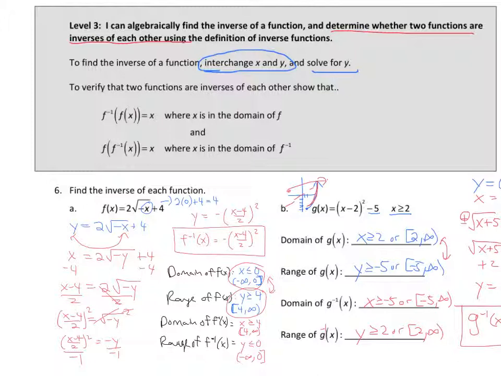And if two functions are the inverse of each other, we have to show that f inverse of f of x equals x and f of f inverse equals x. So what we're doing is we're plugging f of x into f inverse, and then we plug f inverse into f of x. And if both times we get just x, positive, regular old x, then they are the inverse of each other.